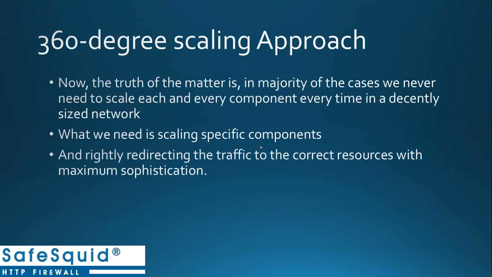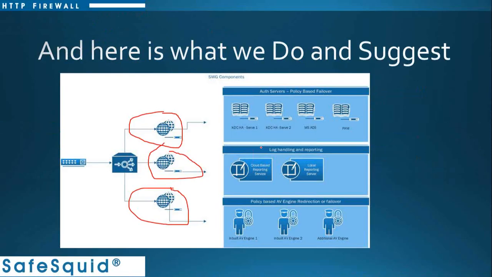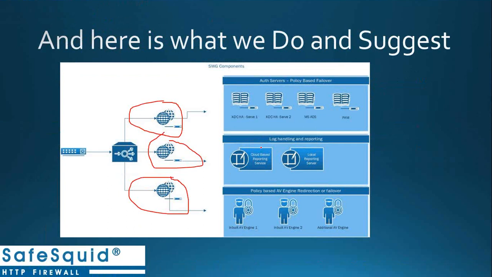So let's see what exactly I mean by this. In a standard scenario, we have seen how the entire thing works. But with an application like SafeSquid, we don't ask you to scale the entire bunch all the time, because we are not just providing everything under the same hood, but rather we are ready to integrate with anything and everything possible.